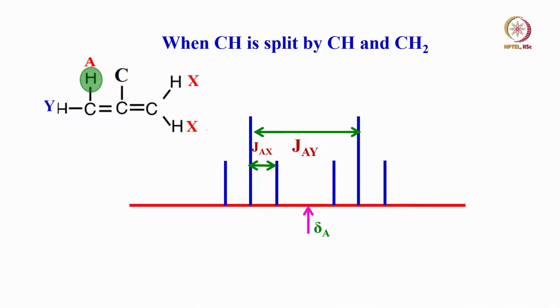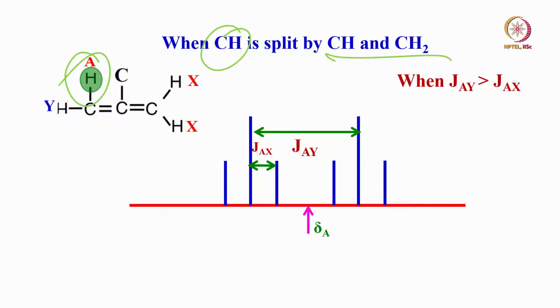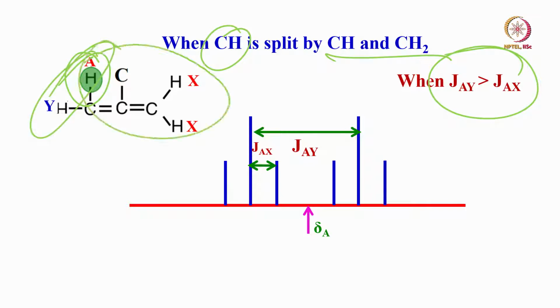We took an example where a CH proton is coupled to a CH and a CH2, and I am concentrating on proton A, which is a CH proton. When it is coupled to CH and CH2, I use the condition that JAY is larger than JAX. AY means this coupling is larger than this coupling.